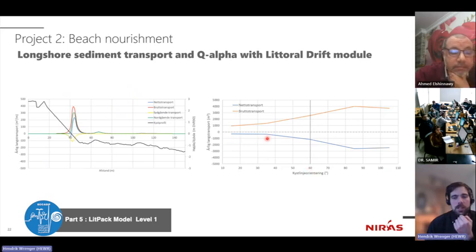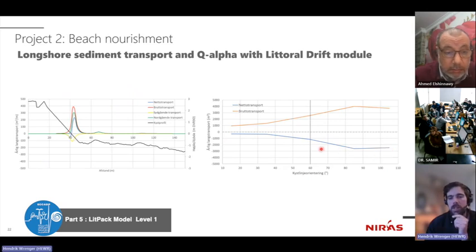And what can we see on this blue Q alpha curve here? It's quite different from the Q alpha curves that we've seen so far. I'll resolve it in a second, but you can think about it for yourself for a moment.